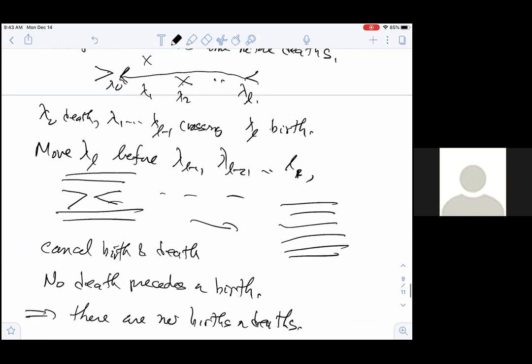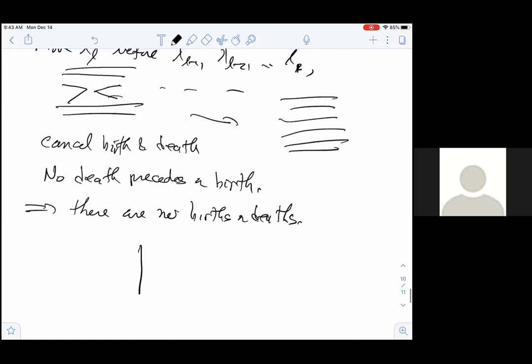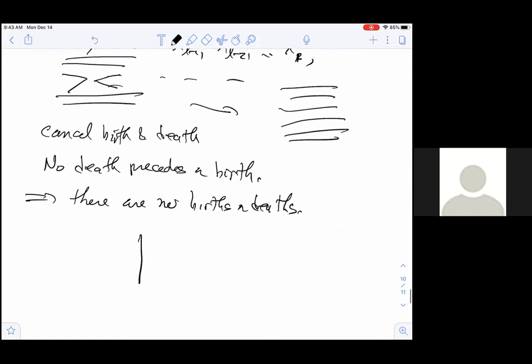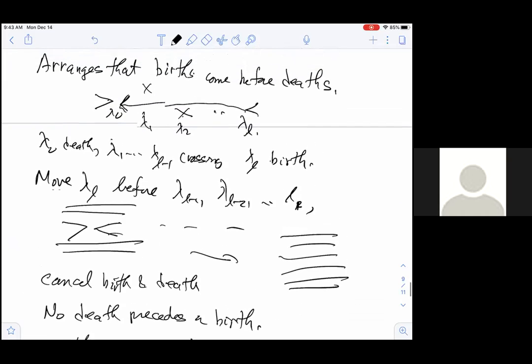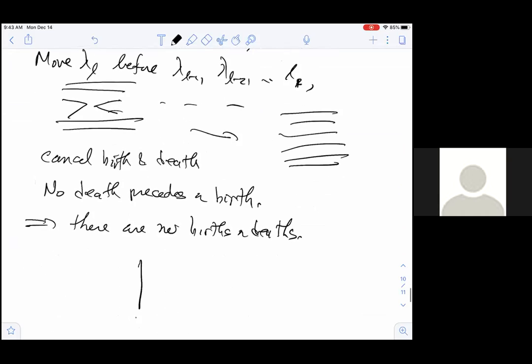So we end up with no births or deaths. That means we end up, when I go from this F1 prime, so I've deformed this path relative to its endpoints to one that has Q critical points all the way across.